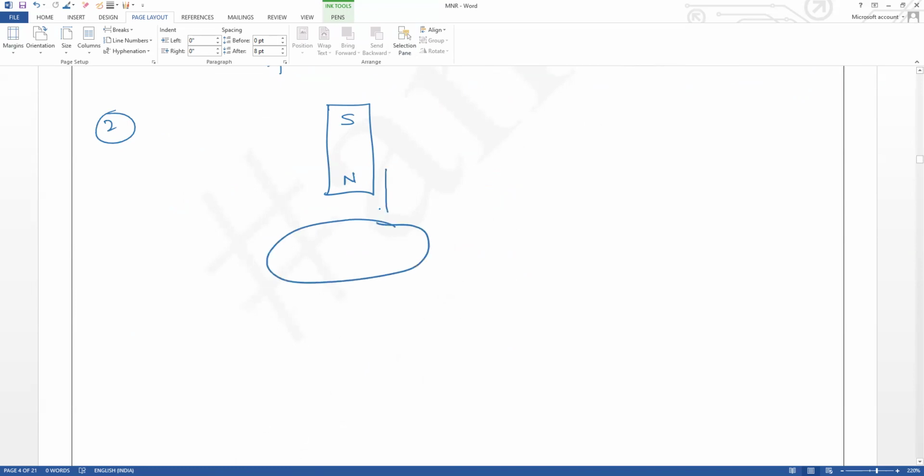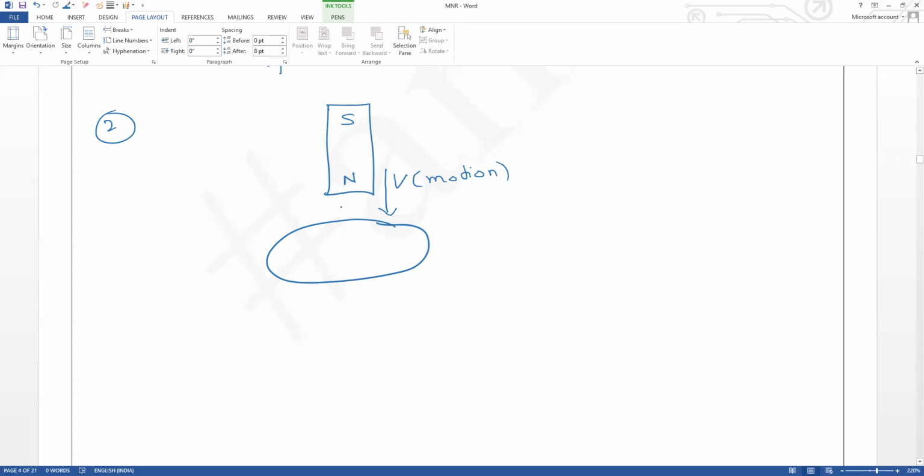Now the north pole is coming towards it with velocity V. We all know that when it is coming downwards, the number of magnetic flux lines passing increases. Magnetic flux increases, means it will oppose or support, everybody? It will oppose.